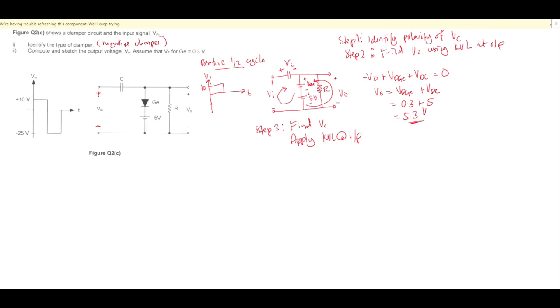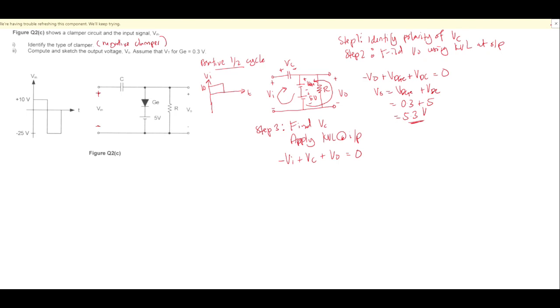Starting from the Vi, first you jumpa negative Vi, then followed by positive VC, then lastly you jumpa plus Vout equal to 0. Kat sini sebenarnya this one is Vout.